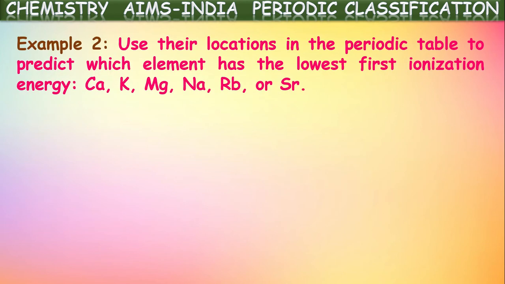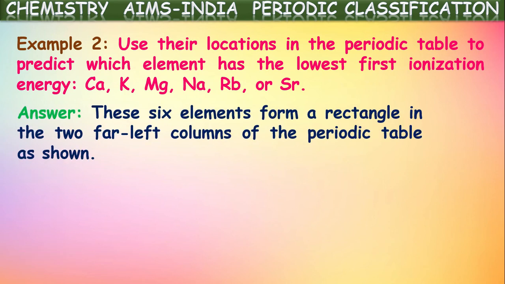Use their locations in the periodic table to predict which element has the lowest first ionization energy among these elements. Here they mentioned certain elements. Now we have to identify among these which element has the lowest ionization energy. That can be identified if you are able to position these elements in the periodic table. Let us see the solution. These six elements form a rectangle in the two far left columns of the periodic table.